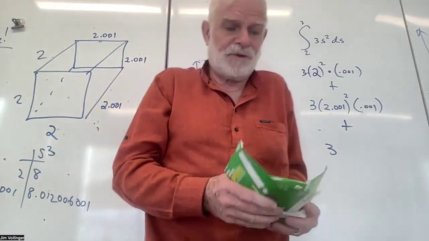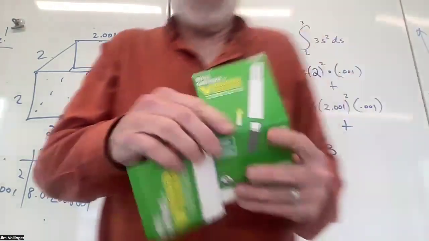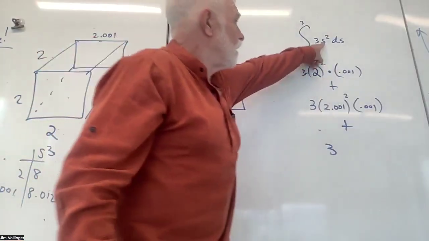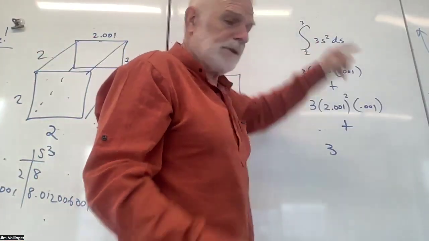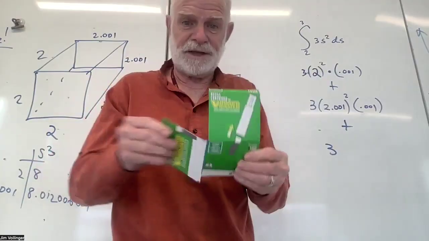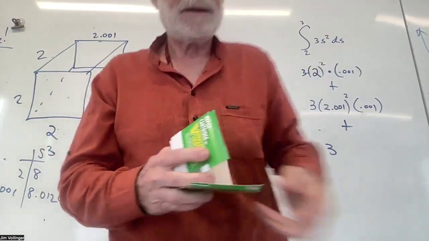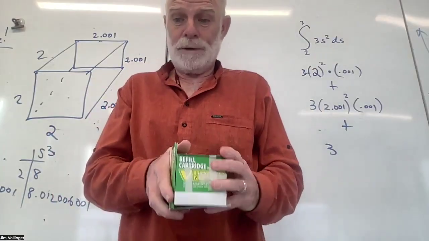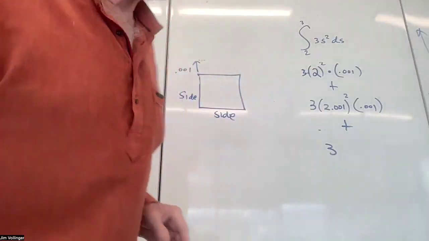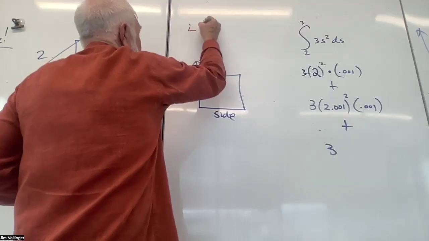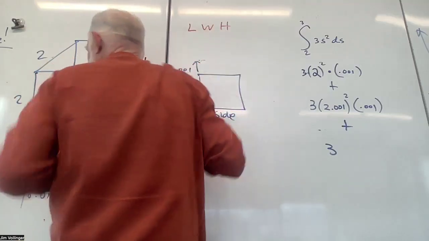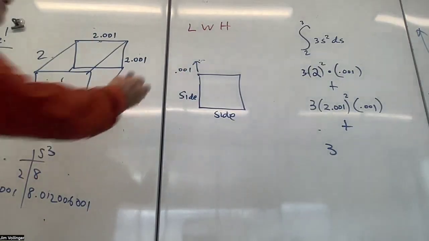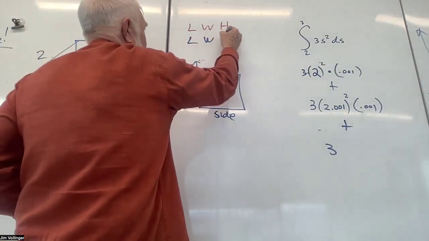And now, how would I describe a square, a side length times a side length? Well, I hope you would say S squared. And how would you describe the number of squares that we put on the box to keep it a perfect cube? Well, I have a length times width times height.